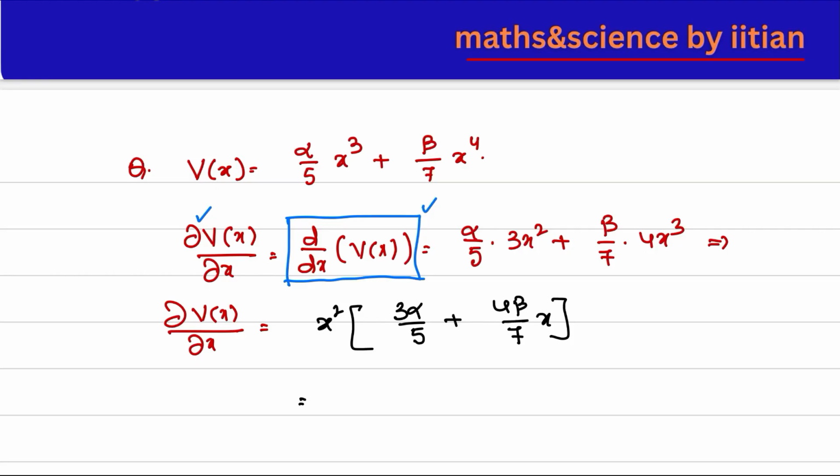That is equal to x square into (21 alpha plus 20 beta x) whole divided by 35.